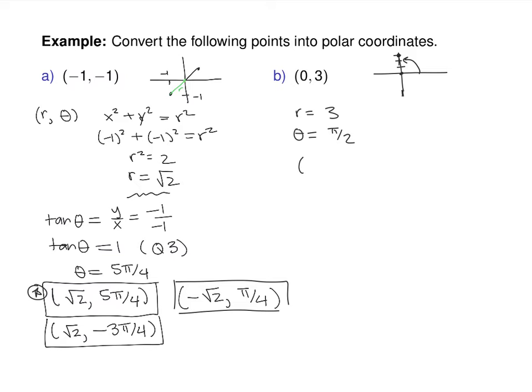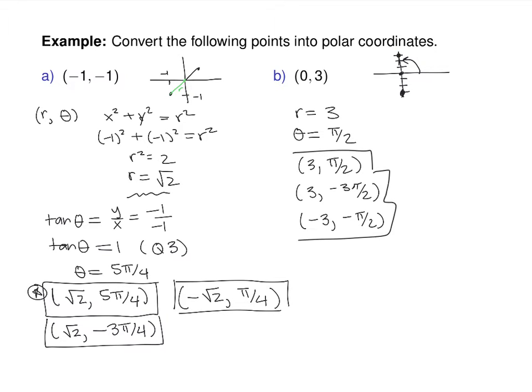So one representation is 3 comma pi halves. Another one could be negative 3, pi halves. And the really clever one, you could use, say, negative 3, negative pi halves. That puts you down here, and then you would reflect up. So any of these answers is correct.